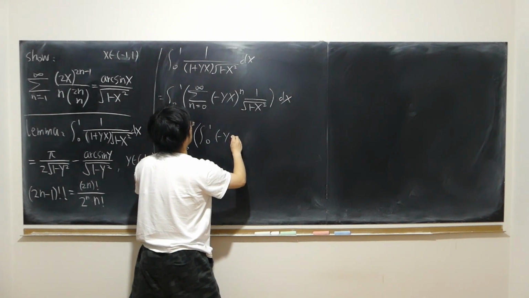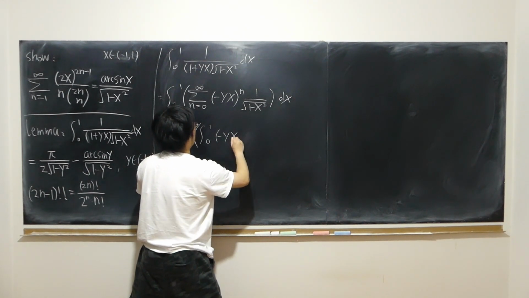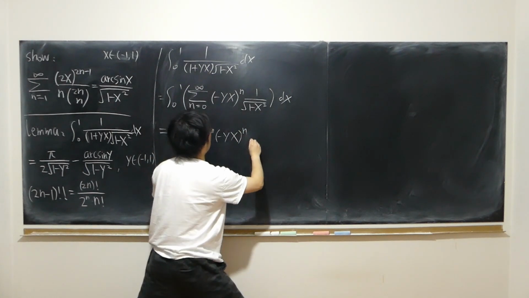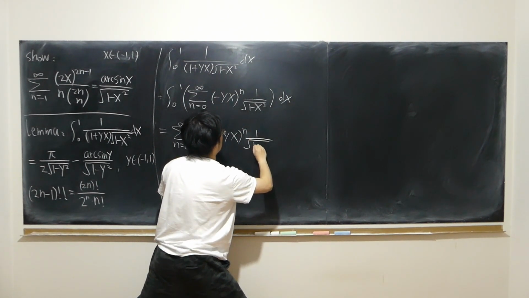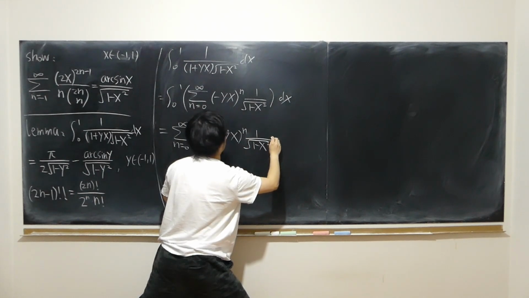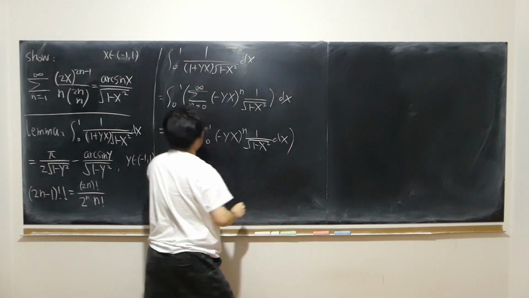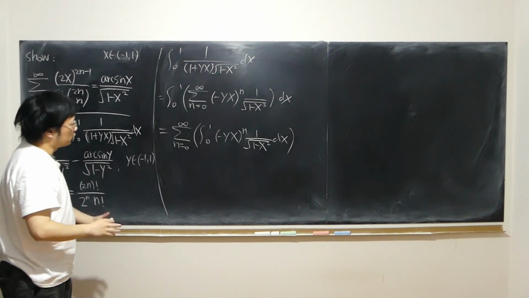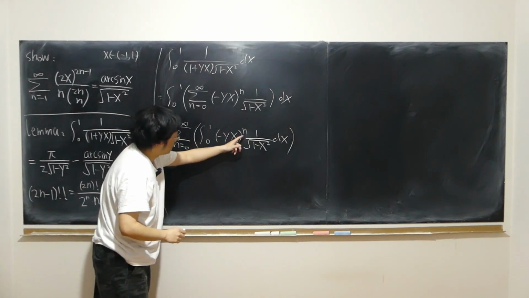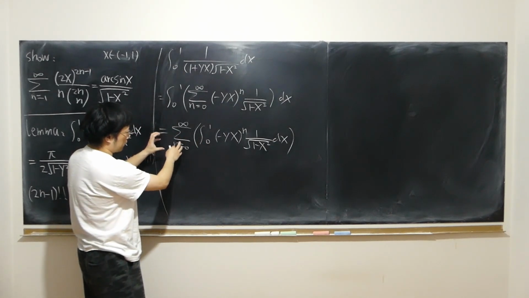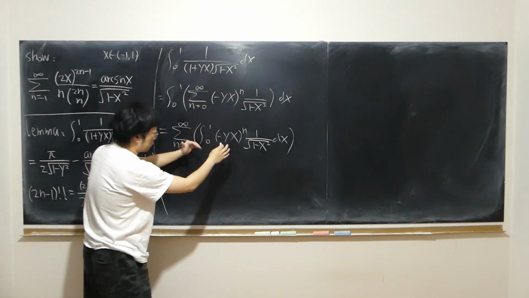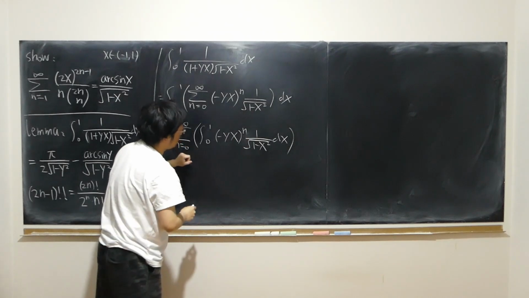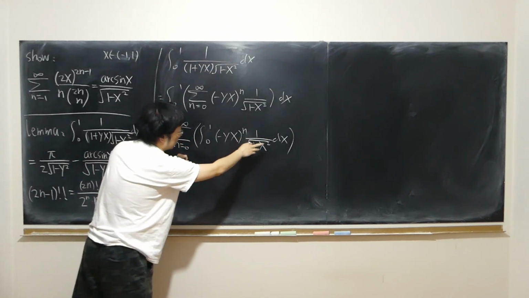Negative y and square root of 1 minus x squared, dx. Here, of course, we can first fix n, because later we're going to let n change. First we do integration, so treat n as fixed and integrate with respect to x.